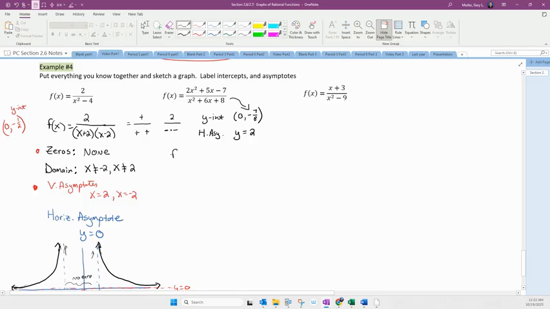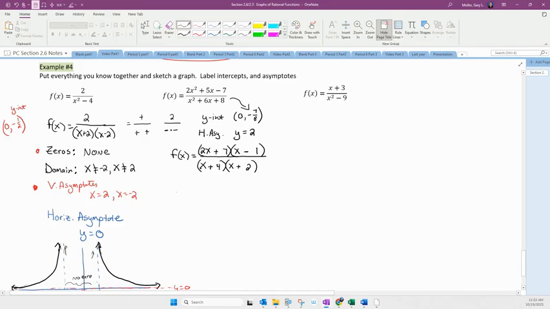So now let's factor f of x. The denominator is (x + 4)(x + 2). The top, we've already done this one. It's going to be (2x + 7)(x - 1).